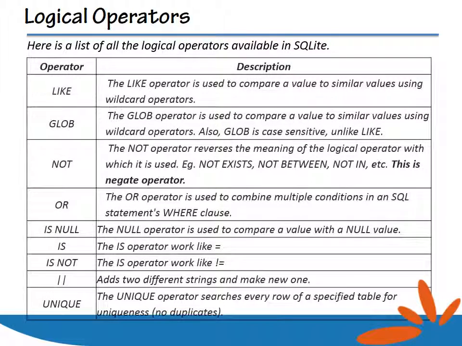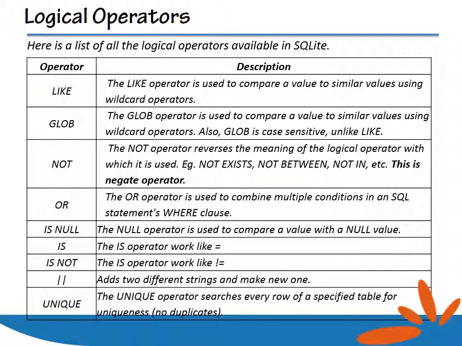Also, we can use LIKE, which is used to compare a value to similar values using a wildcard. The next one is GLOB. The GLOB operator is used to compare a value to similar values using a wildcard operator. Also, GLOB is case sensitive, unlike LIKE.